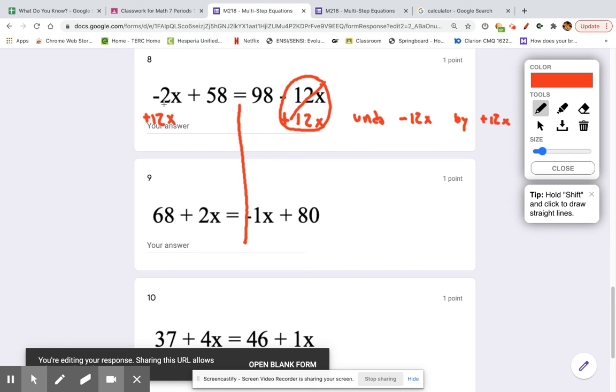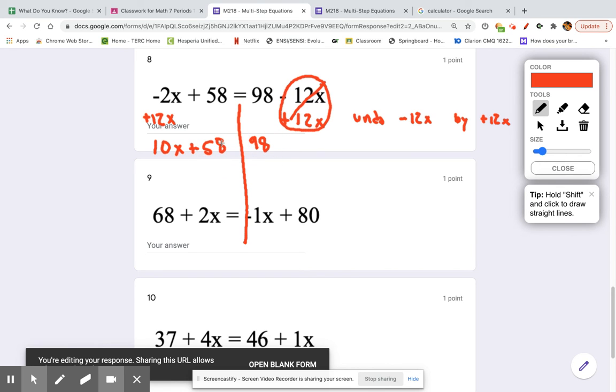And negative 2 and plus 12 is positive 10. Remember, same sign add, different signs subtract. Keep the sign of the larger number. So the different signs, so 12 minus 2 is 10. The 12 is positive, so our answer is positive. So 10x plus 58 equals 98.